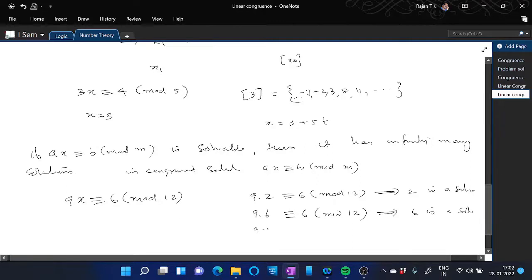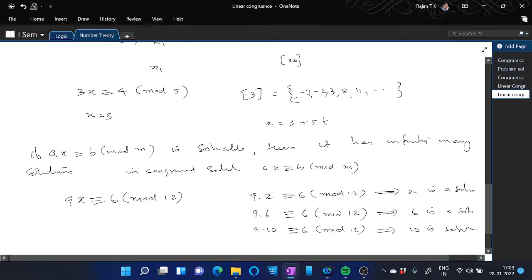And 9 into 10 is also congruent to 6 mod 12. It indicates 10 is another solution for this congruence relation.